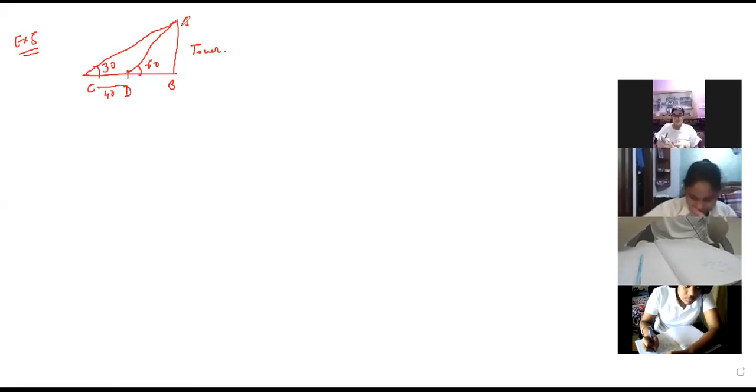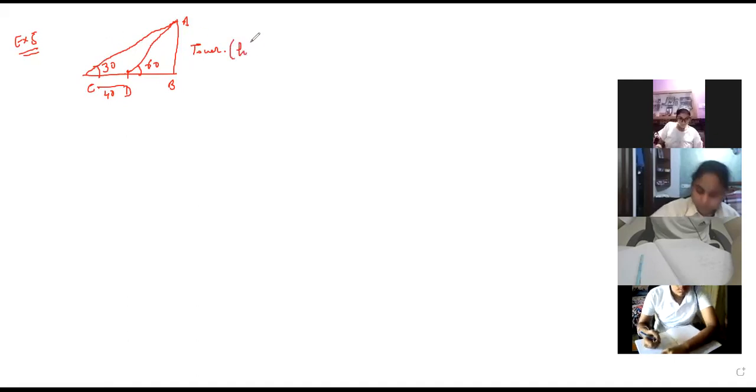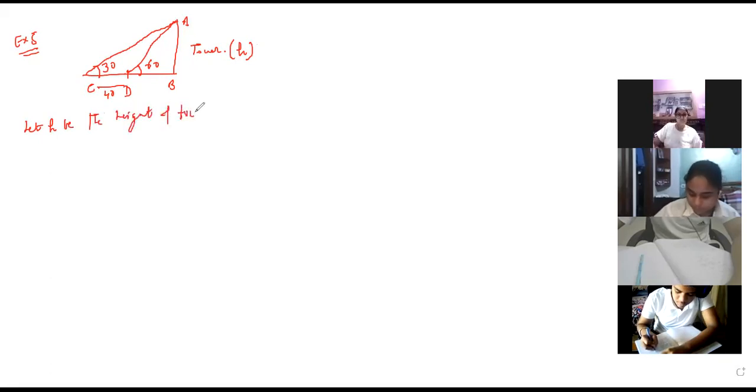AB is a tower. The shadow of the tower is 40 meters more when the altitude changes from 60 to 30 degrees. Find the height of the tower. I want to find it. So let h be the height of the tower.